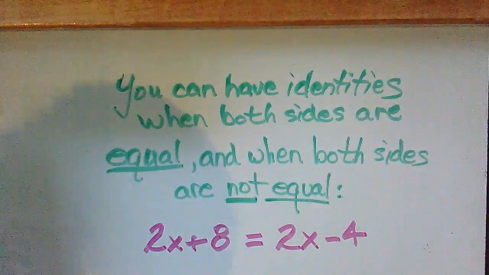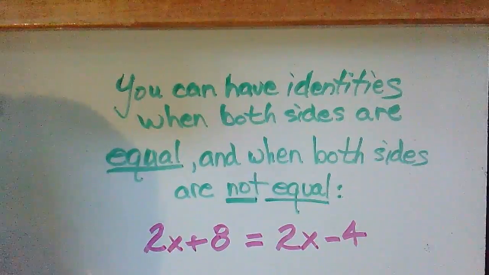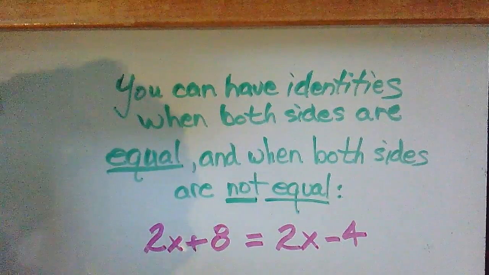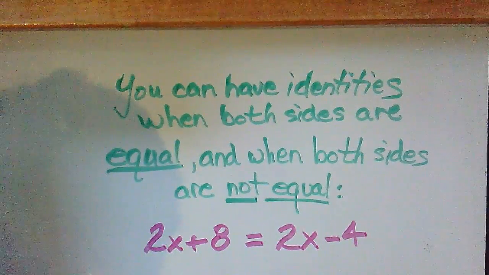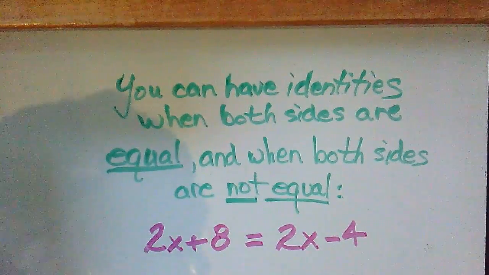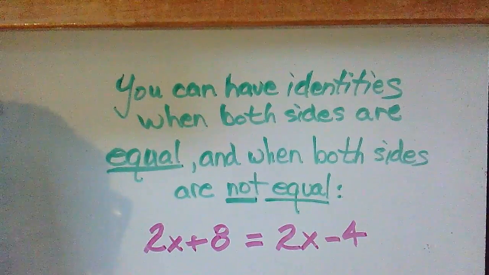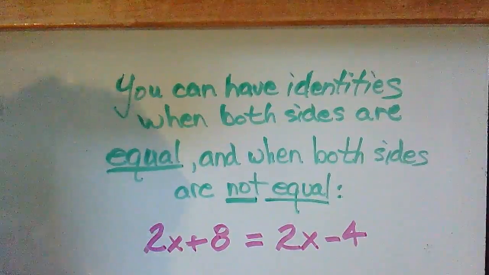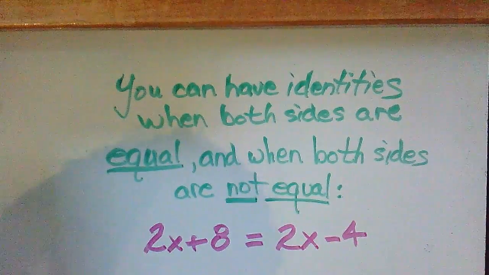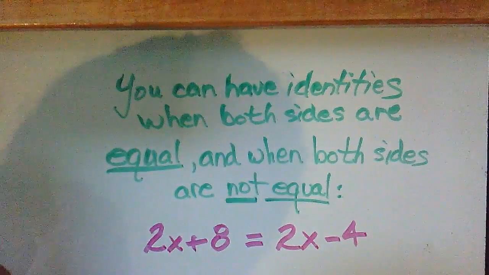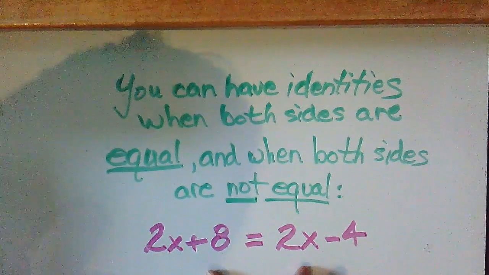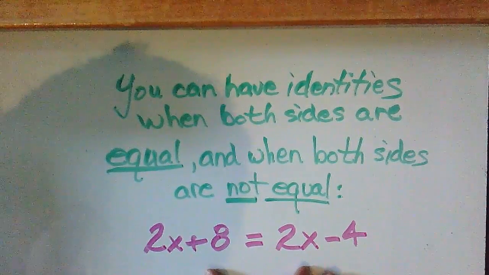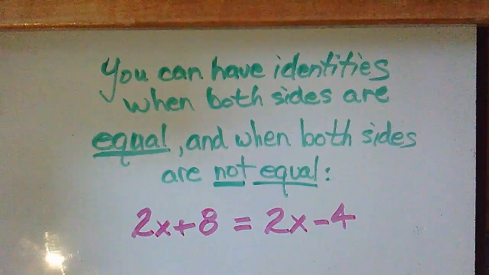So you can have identities when both sides are equal. We just saw that in 2x minus 4 equals 2x minus 4. But you can also have an identity when both sides are not equal and will never be equal. Look at this example. We've got 2x minus 8 equals 2x plus 4.